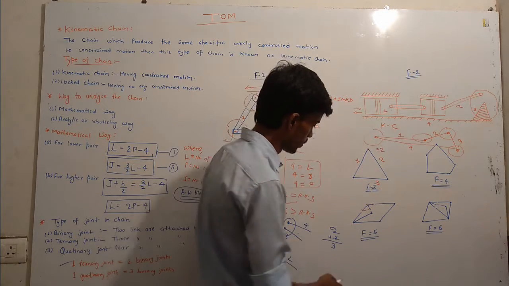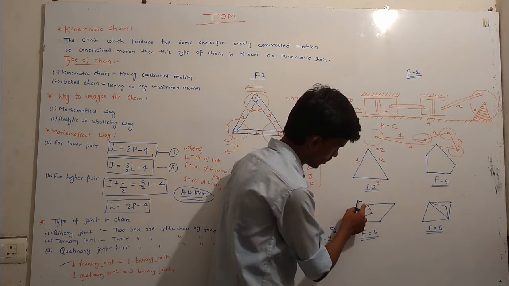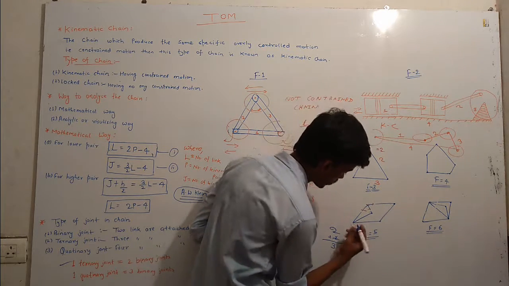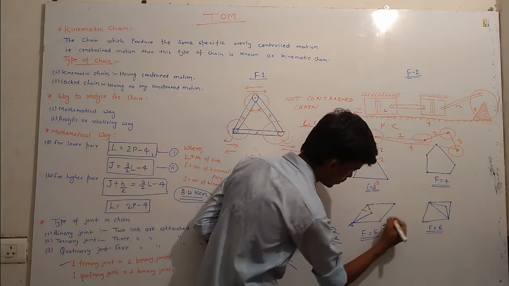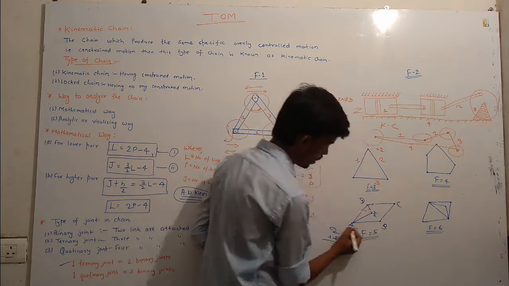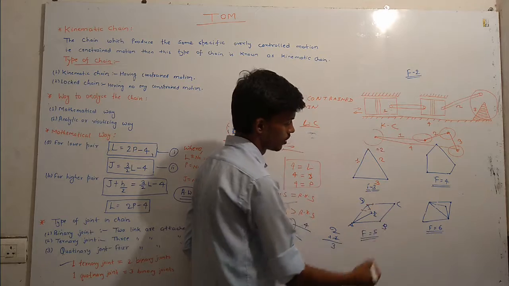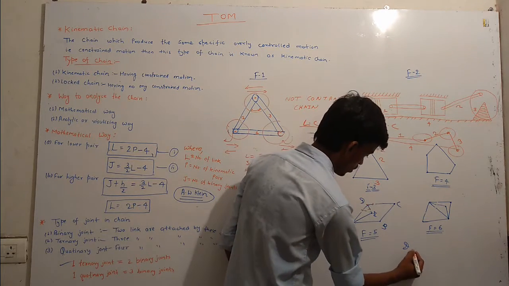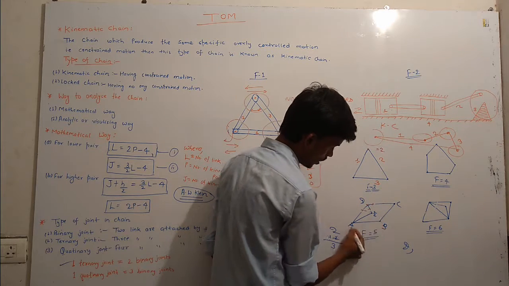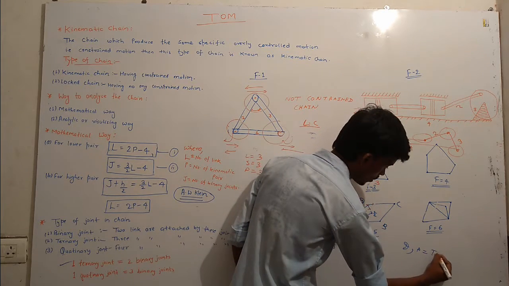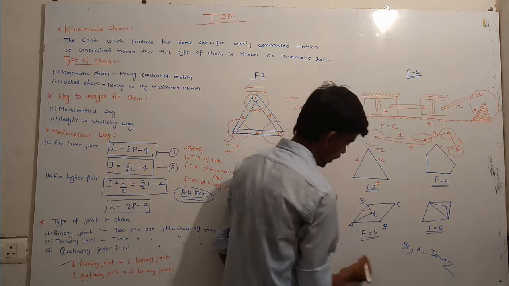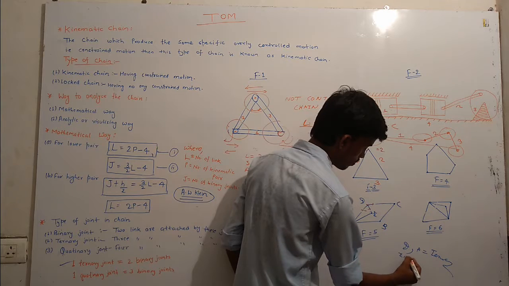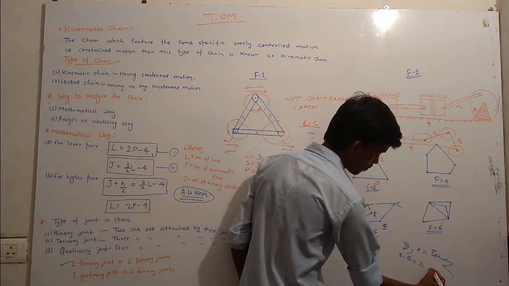In figure number 5, here is a ternary joint, here is a binary joint, here is a ternary joint. Let's suppose the names are A, B, C, D and E. A, B, C, D and E are the joints where D and A act as ternary joints and the joints E, B, C act as binary joints.